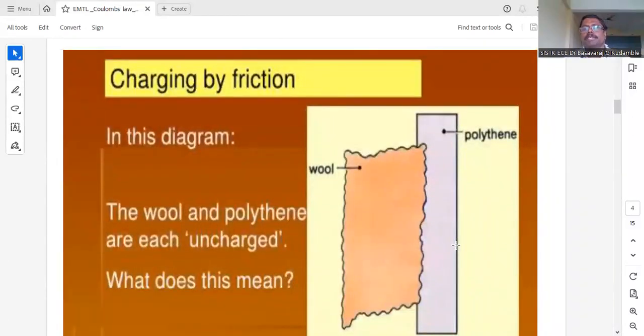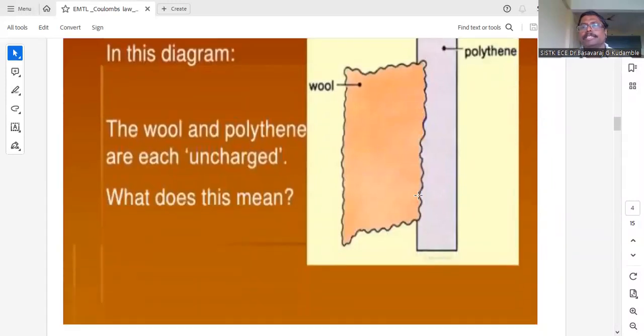So charge can be formed by friction. In this diagram, let us see the 2 materials. One is wool, another one is polythene. If these two rub each other, then the charge is going to flow from one material to another material. So at present, the wool and polythene are each uncharged.